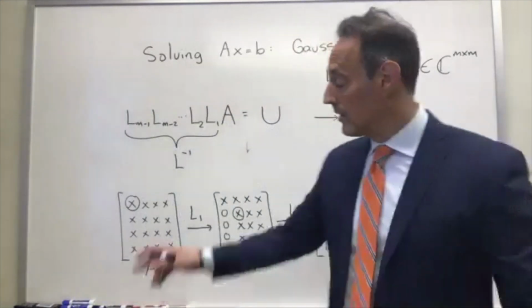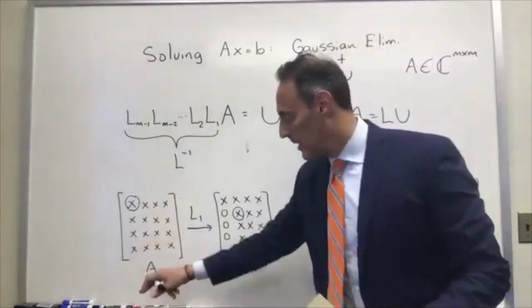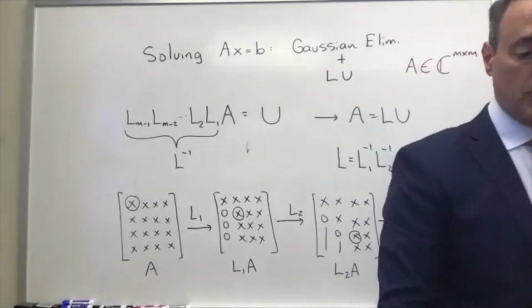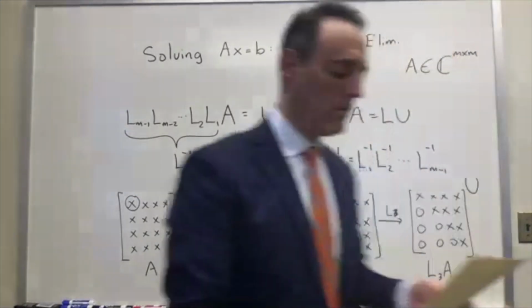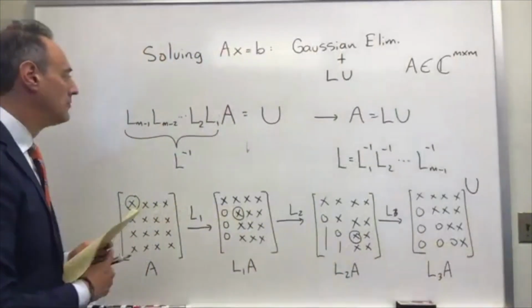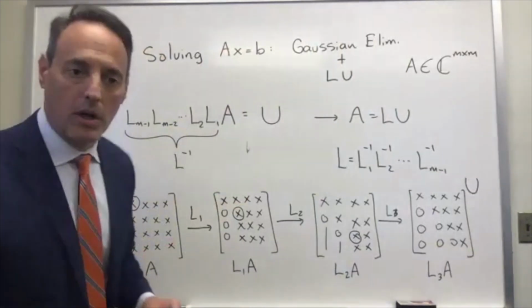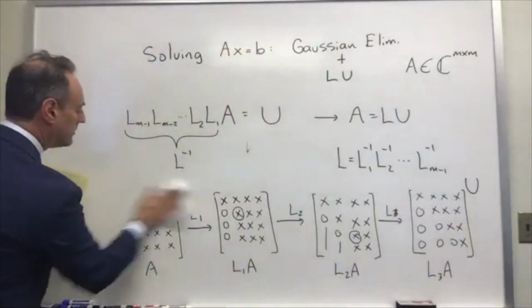And boy, doesn't it look a lot like Gaussian elimination. Take this, make things 0. Take this, make things 0. In fact, you'll see very much the structure of Gaussian elimination shows up here. All right. So I need to know how to construct these matrices. And that's what we need to work on next, how do you actually put those matrices together?